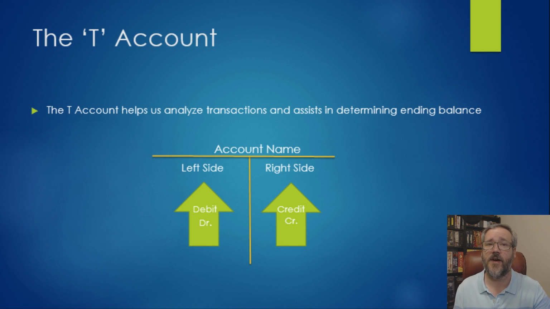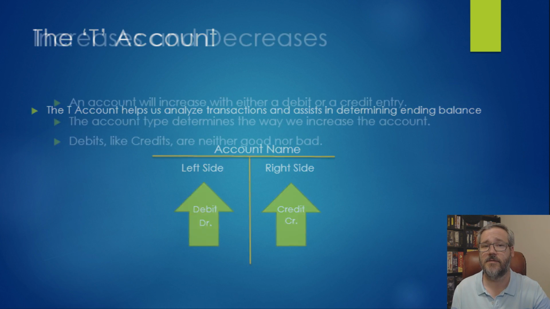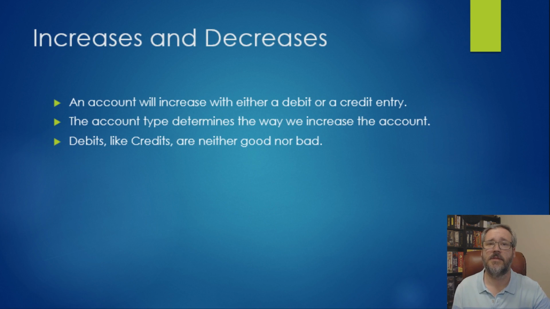Debits are on the left, credits are on the right. And what we're talking about here is increases and decreases, and what increases an account and what decreases an account. An account is going to increase or decrease with a debit or credit. It depends on the type of account.